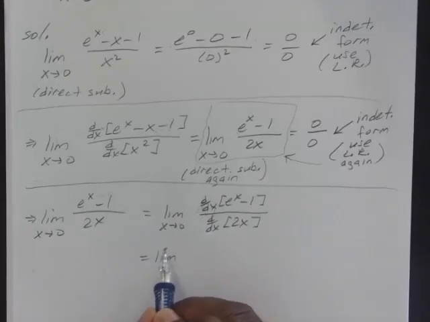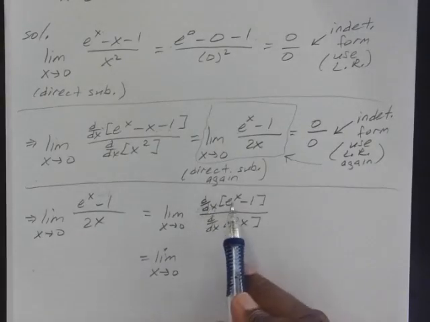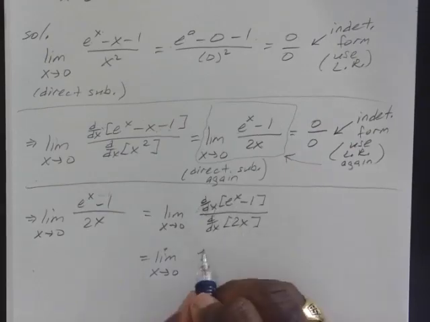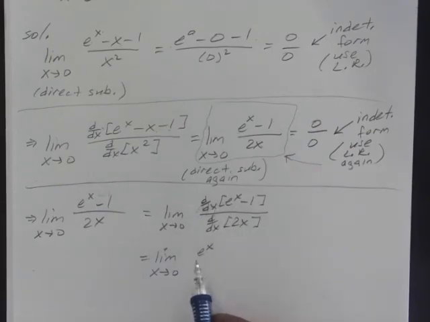That's going to equal the limit as x approaches 0 of the derivative of e to the power of x minus 1, which is just e to the power of x, divided by the derivative of 2x, which is just 2.